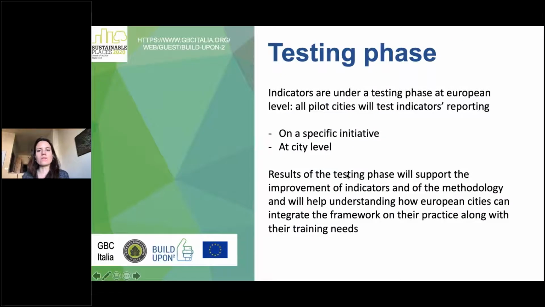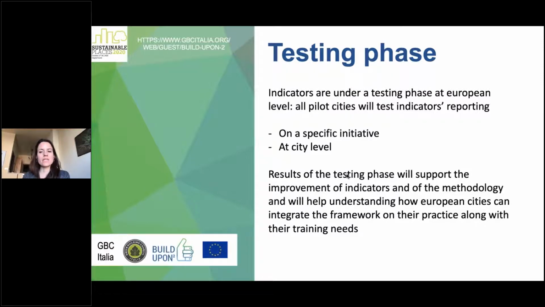And to conclude, at the moment we are running the testing phase. In fact, all the GBCs involved have one pilot city each, who are actually testing the indicators of the framework and understanding at which point they are able to collect data and to express their policies through these indicators.